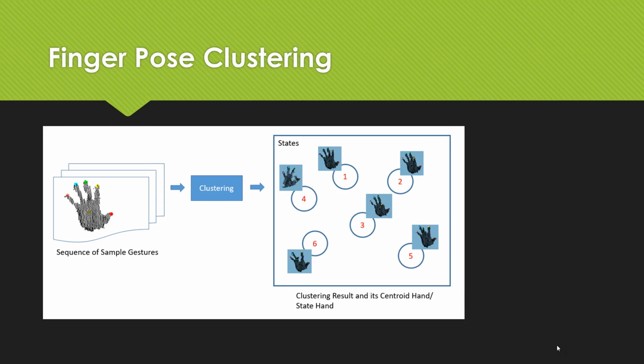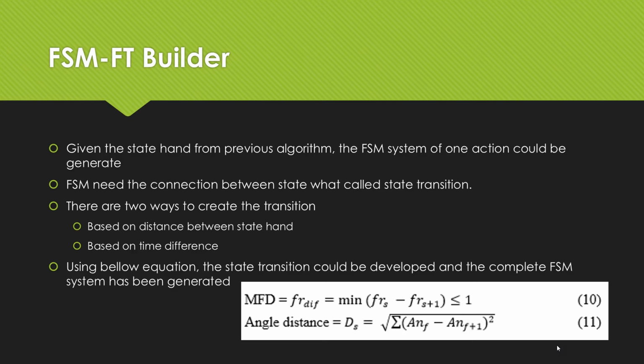So after we do clustering, we may have 6 states in here, for example. And then after that, we fit the sample to the FSM builder.